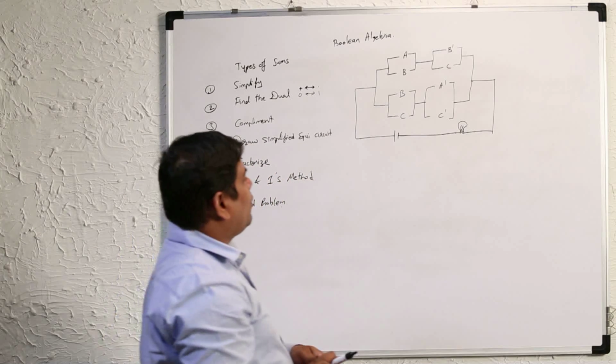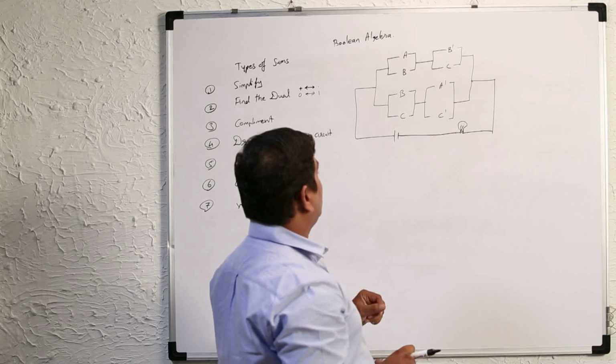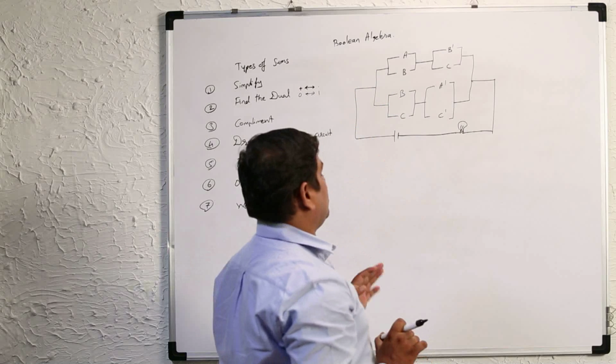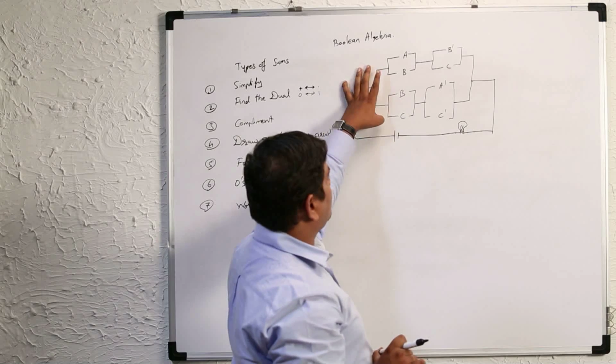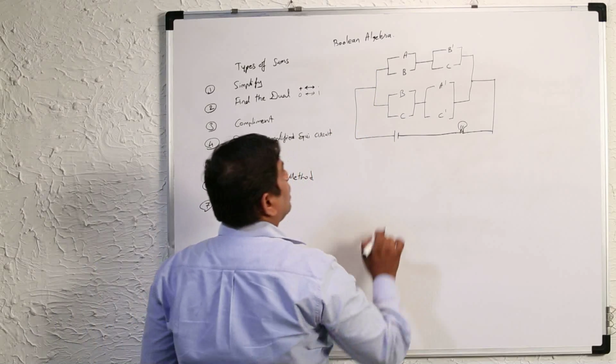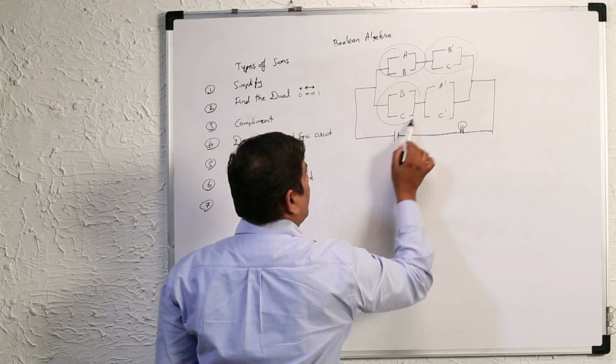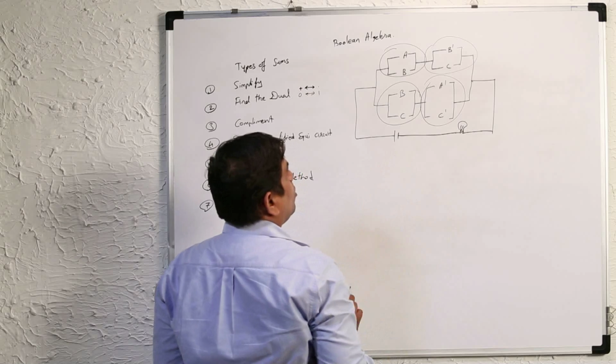So first of all, we have to understand what this circuit means in terms of expression. So the first job is to convert this into an expression.